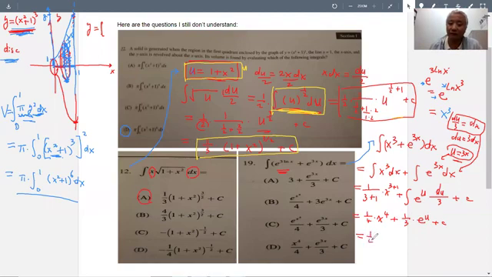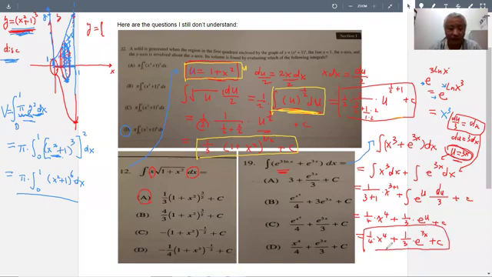So you got 1/4 x to the 4th plus 1/3 E, and then substitute back because u equals 3x. Eventually we want x as the variable, right? So E to the 3x plus c. This is the answer here.